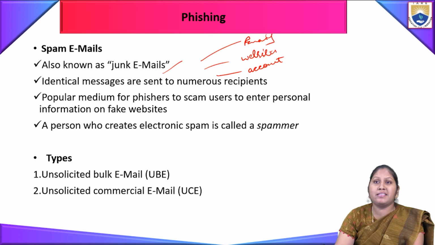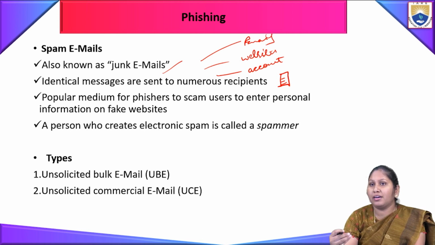And identical messages are sent to numerous recipients. One identical message may contain spam or a virus or a URL having some worms within it. If they click on the link, some worms will be downloaded into the system and the system will collapse.